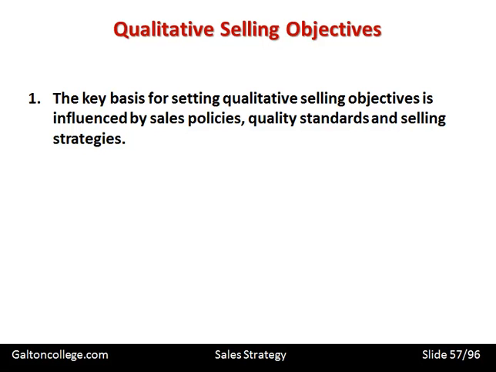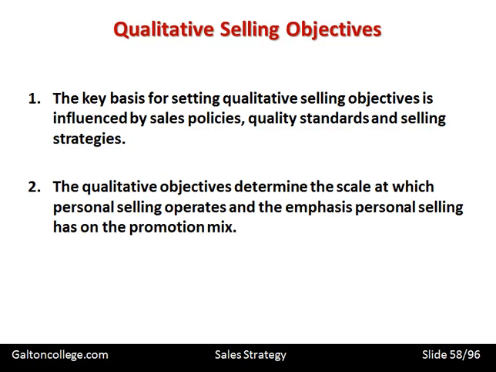How much emphasis does the business place on sales? How much emphasis is placed on having a marketing department, and what is the philosophy behind the marketing department? What's the marketing department's role? How does it go about its job? What are the quality standards for the product, and how are those communicated?